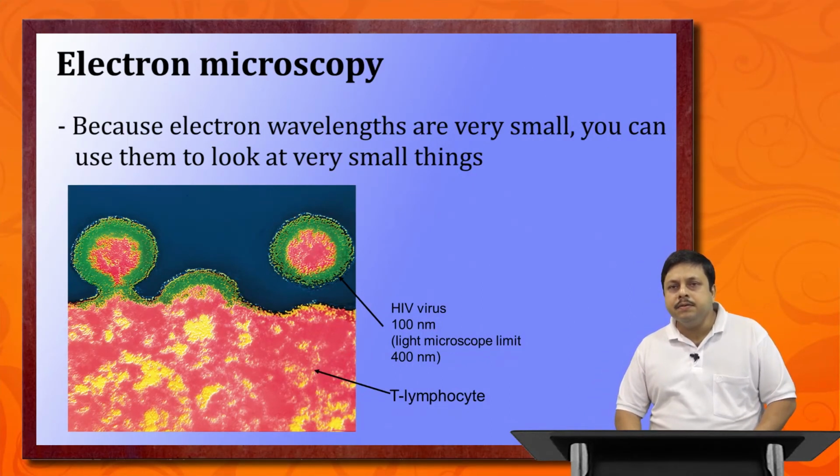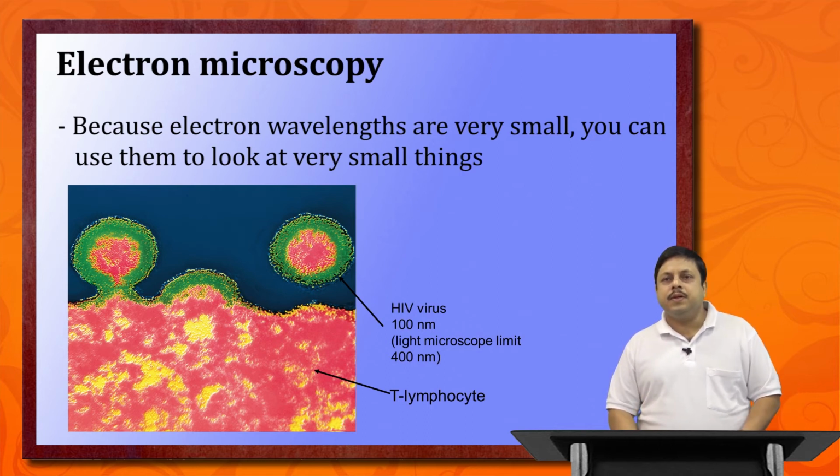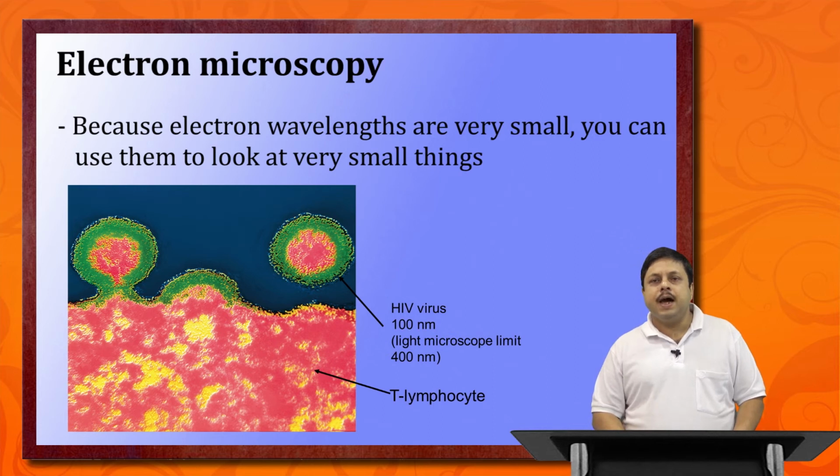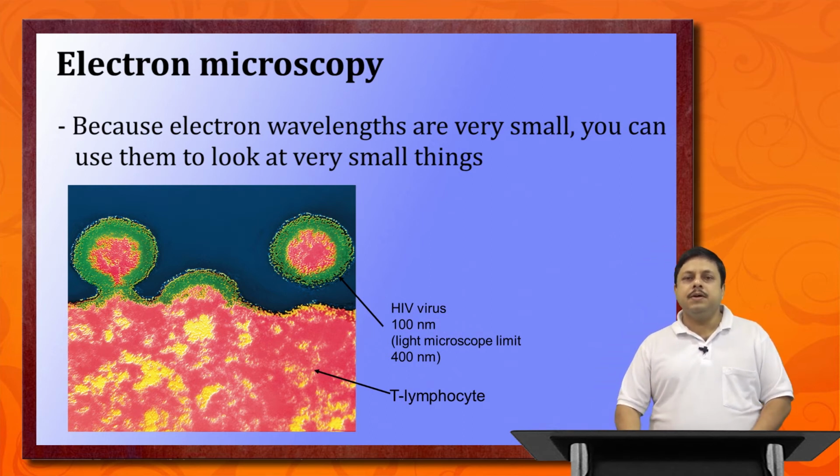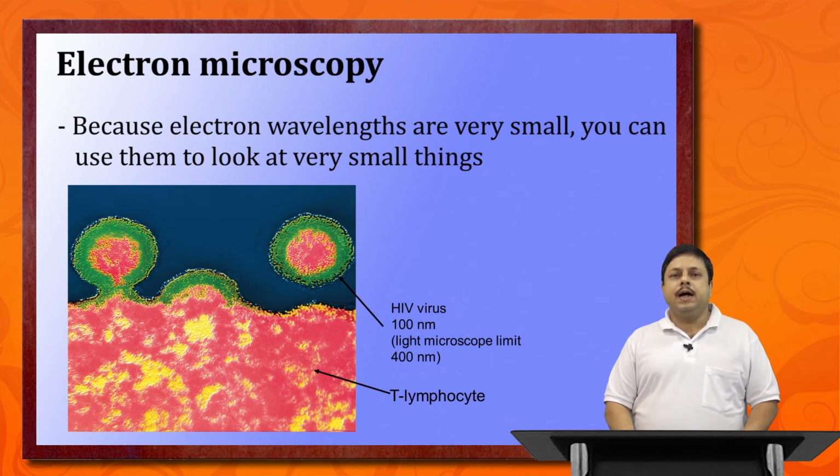These circular disc-like things are the HIV virus, of the size of 100 nanometer, and these are the T lymphocytes. You can see how this HIV virus gets into these T lymphocytes, breaking the wall of these T lymphocytes. All this has been possible as a consequence of the idea of matter waves.